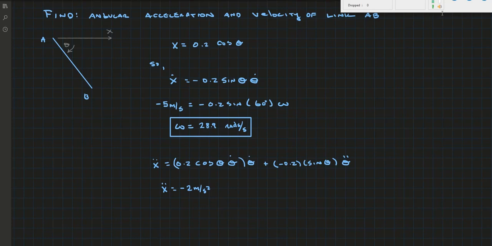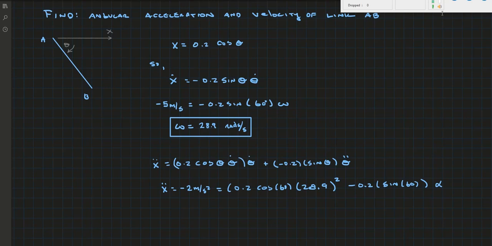Again, this is in the opposite direction of our positive x. This then equals 0.2 cosine of 60 times 28.9 rad per second squared, minus 0.2 sine of 60 theta double dot, which I'll just replace with alpha, our angular acceleration.